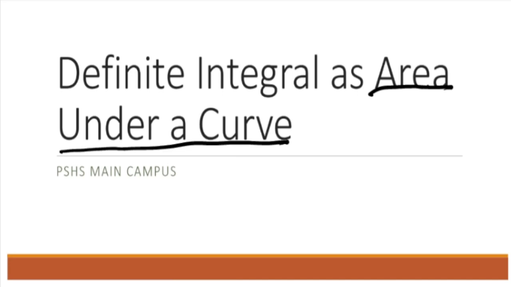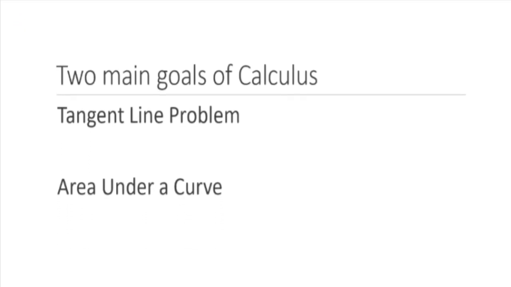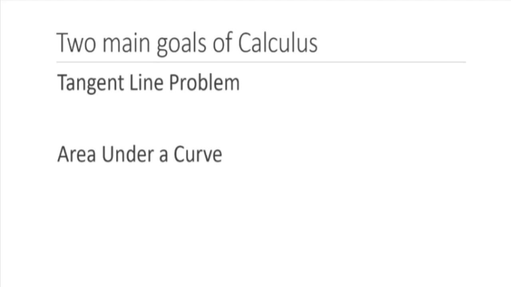So let us first be introduced to the two main goals of calculus. And ito yung solving these two problems. First is the tangent line problem. Second is the area under a curve. Now in tangent line problem, if you would recall derivatives, this would be the slope of the tangent line.